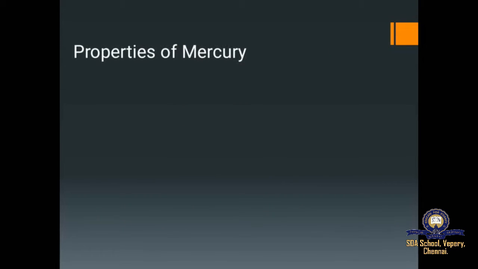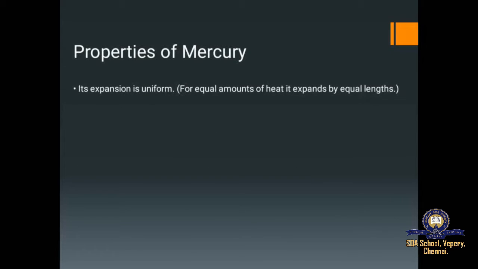Properties of mercury. Its expansion is uniform. For equal amount of heat, it expands by equal length. It is opaque and shining. It does not stick to the sides of the glass tube.